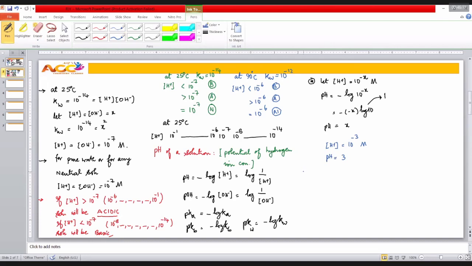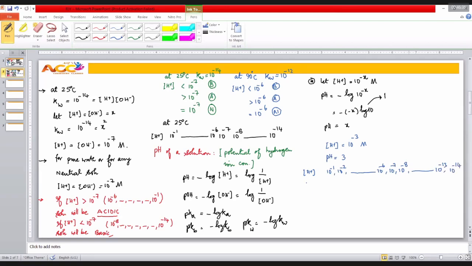If it is so, what is the advantage and beauty given by Mr. Sorensen? 10 power minus 1, 10 power minus 2, 10 power minus 3, 10 power minus 6, 10 power minus 7, 10 power minus 8, and so on up to 10 power minus 13, 10 power minus 14.